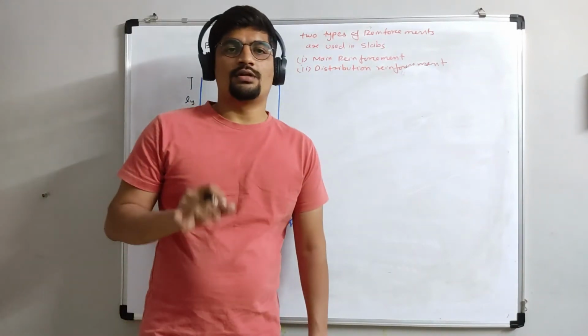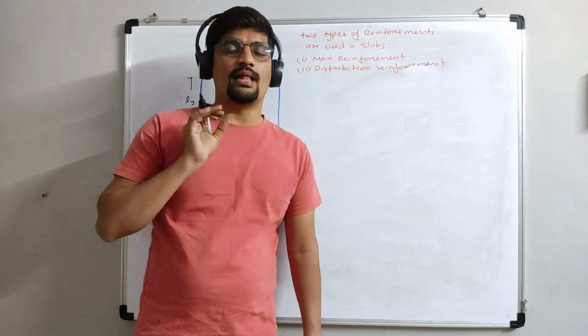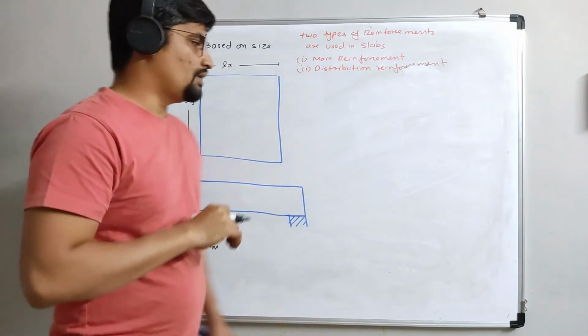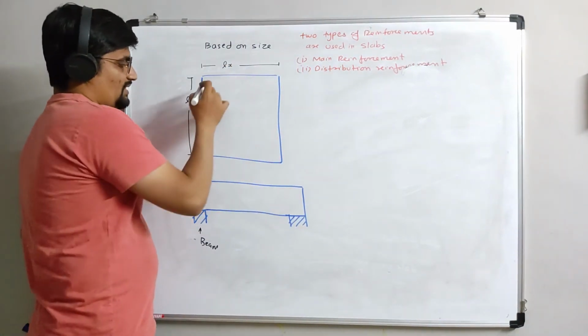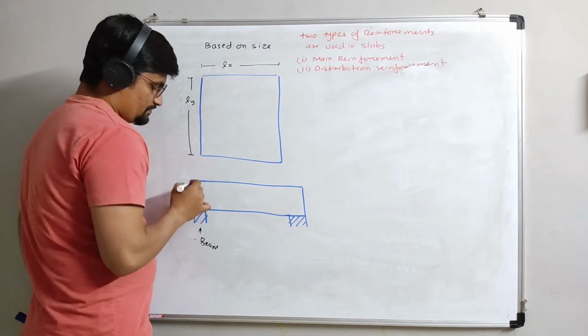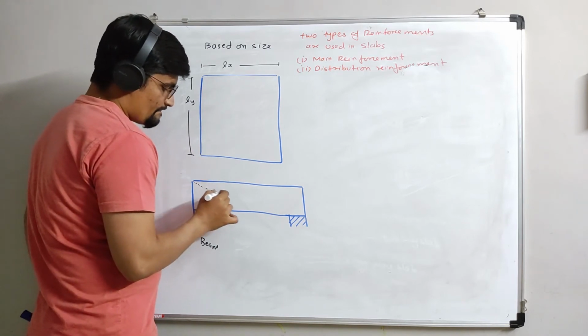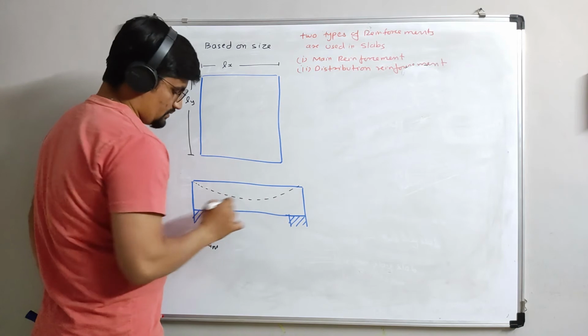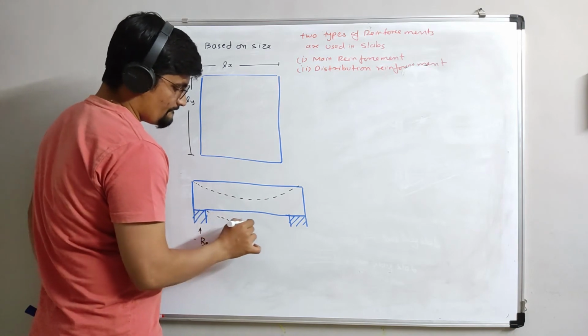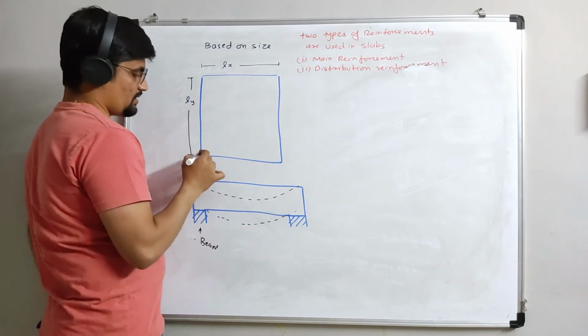In each slab, the longer direction is considered as Ly. Okay, so the slab will bend like this in the shorter direction.